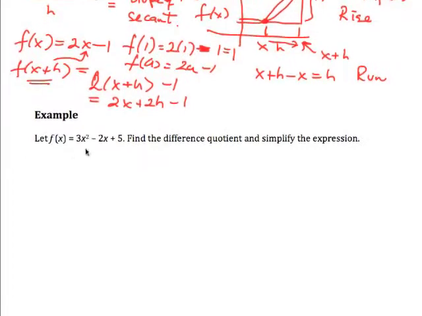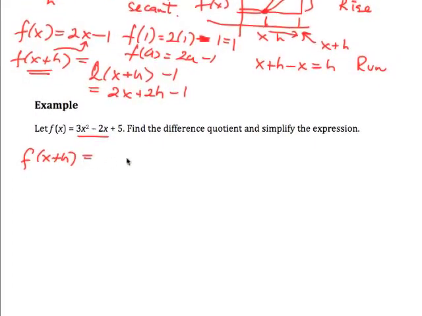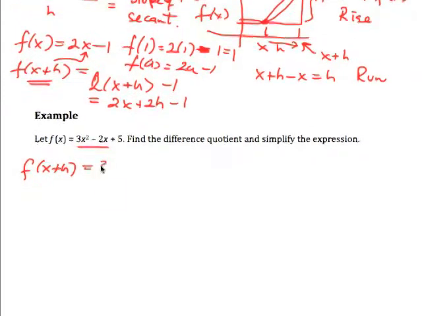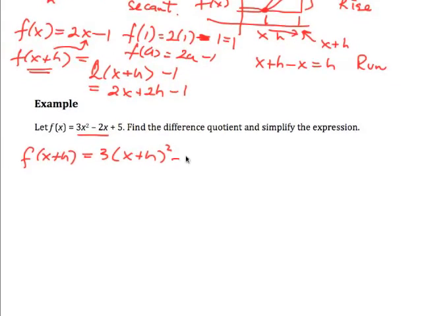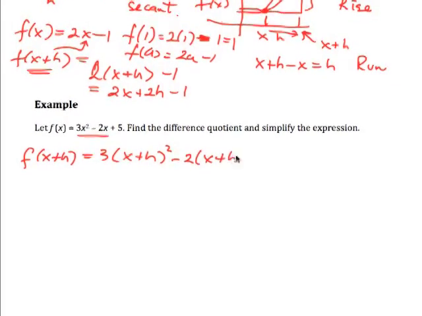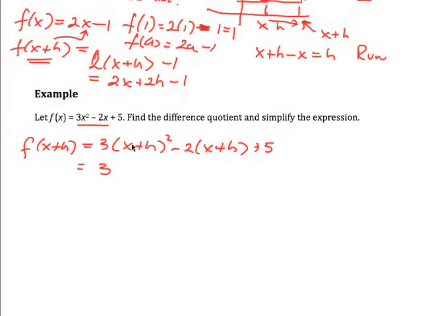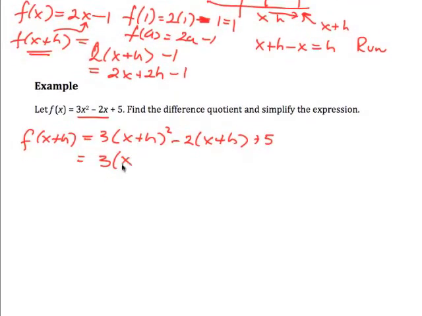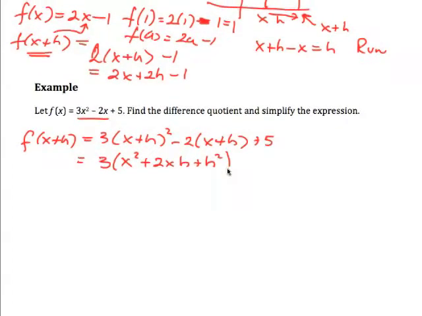So let's do this in 2 steps for this example. If I want f of x plus h, by my functional notation this will be 3 by x plus h squared minus 2 by x plus h plus 5. Now when I FOIL out x plus h squared, remember I'll get x squared plus 2xh plus h squared.